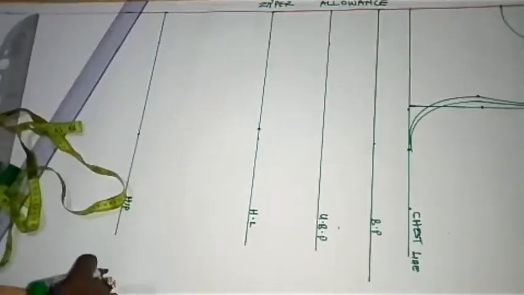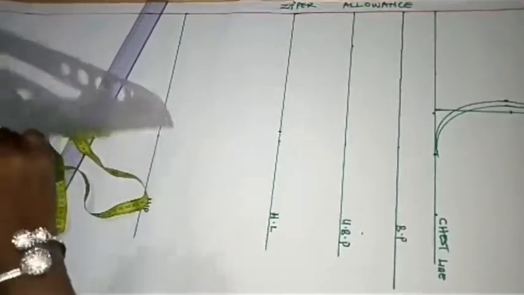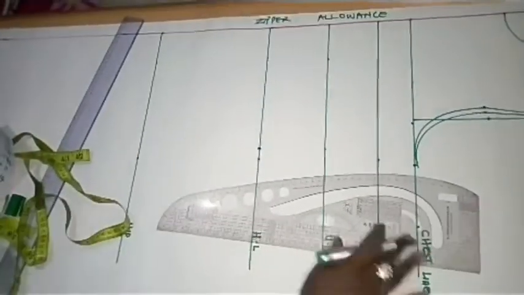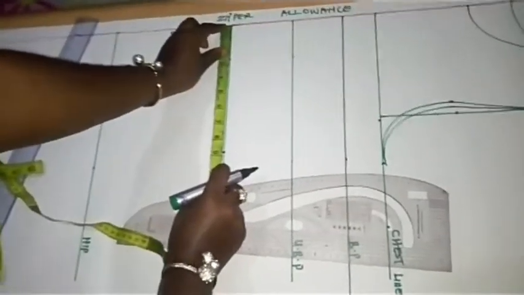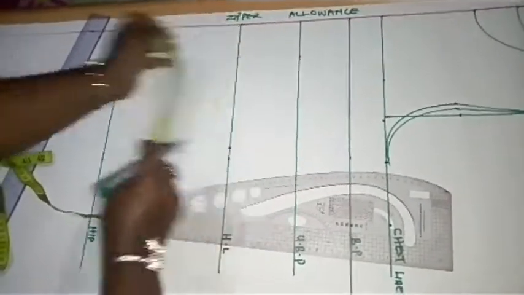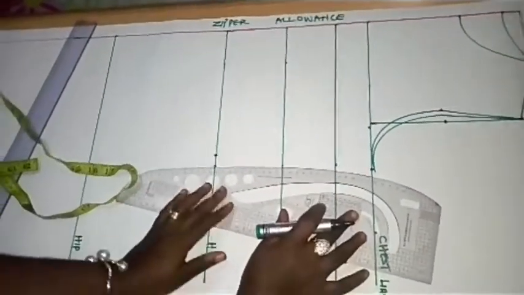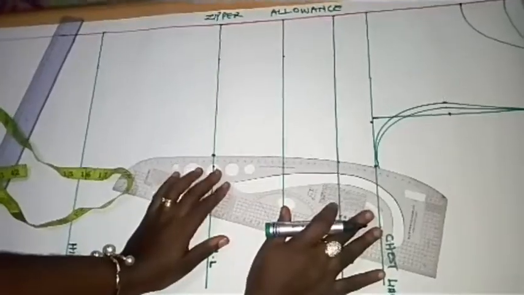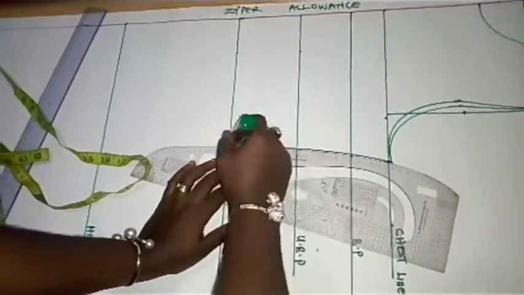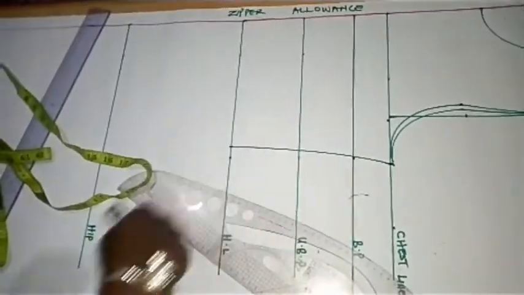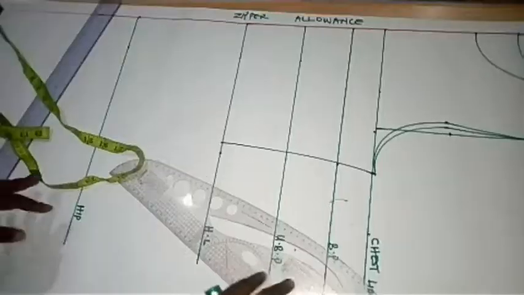Now I want to connect this 8.75, or 8/3, to the 9/3 points. You can see that. Okay, that is the original bodice without any allowance.